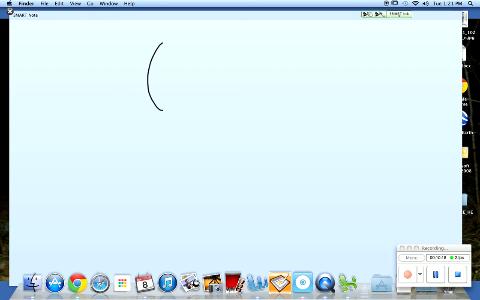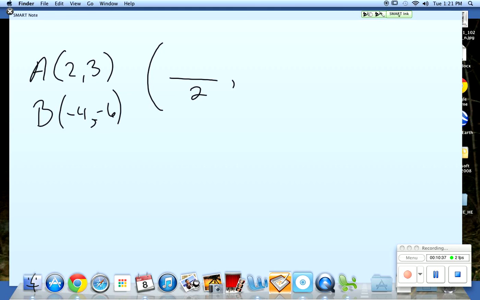So I'm giving you a coordinate A as 2, 3, and a coordinate B as -4, -6. And I want to find my center point between them. All right? This is going to be an important one. Why would we divide by 2?